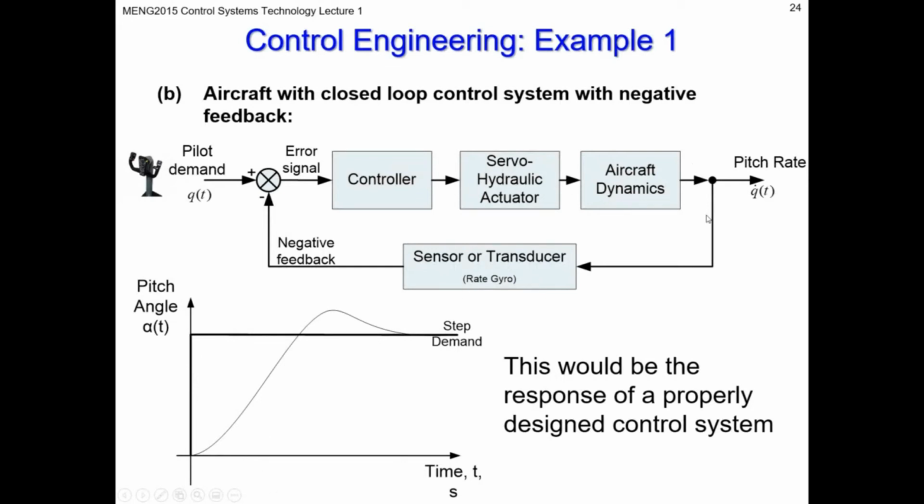And the aircraft, now with this closed loop system, manages its response. Now, if it was an open loop system, it might have overshot or even gone unstable. But now the closed loop system is trying to minimize this error, and it can't quite do it immediately, but it overshoots a bit, and then it quickly converges in a fairly safe and convenient way.